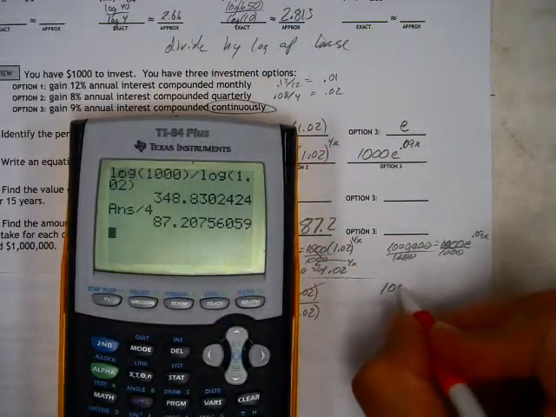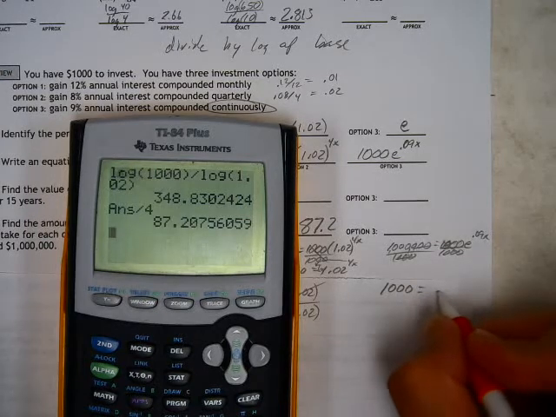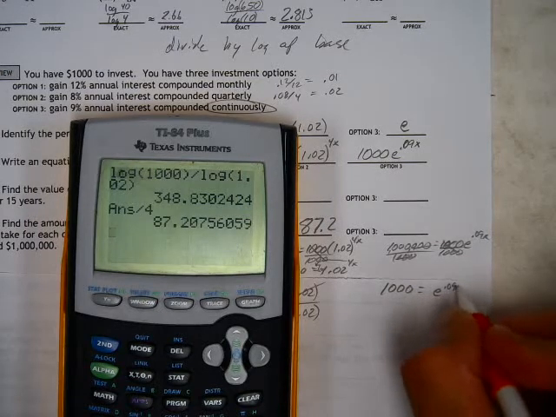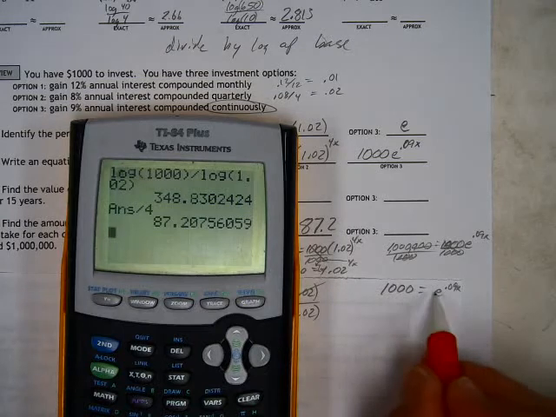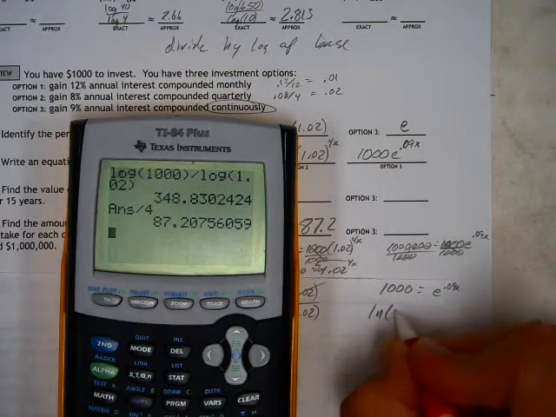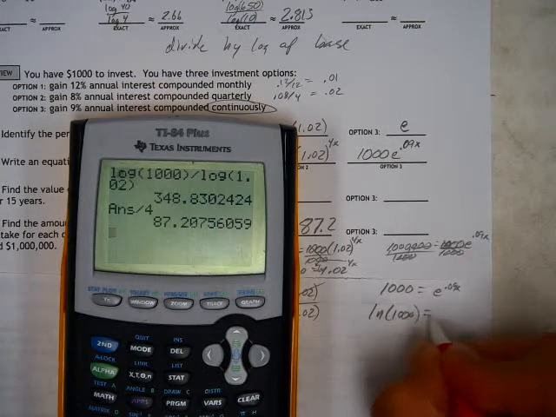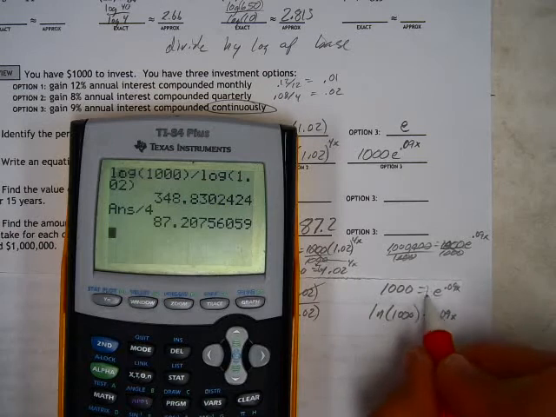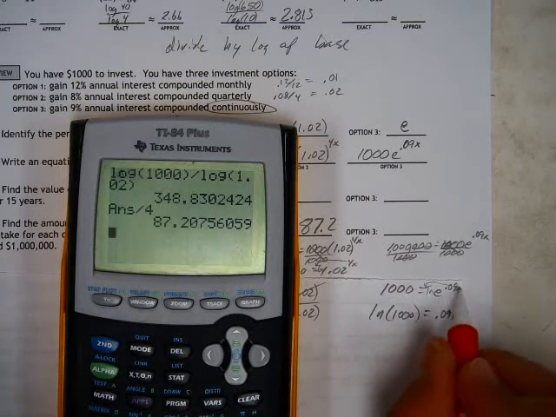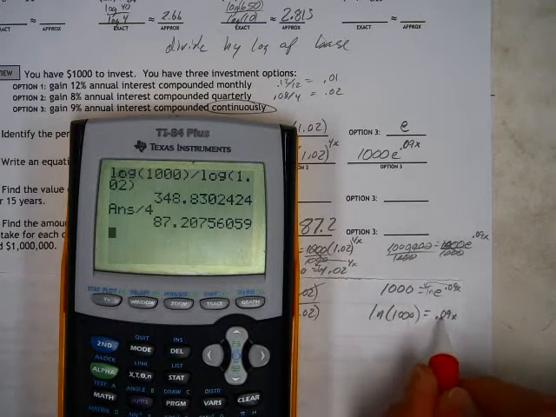So I now have 1,000 equals e to the 0.09x. The natural log is what you're going to want to do, because the natural log of e is equal to 1. So you end up with the natural log of 1,000 equals 0.09x. When you do the natural log, and that goes around in front, the natural log of e is 1. And so you technically have a 1, and this moves around in front of the 1. So it's this times 1.